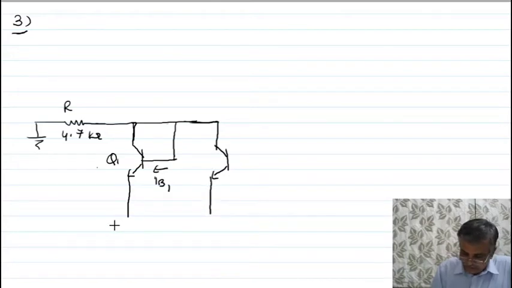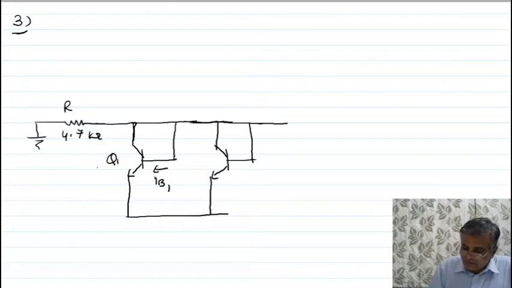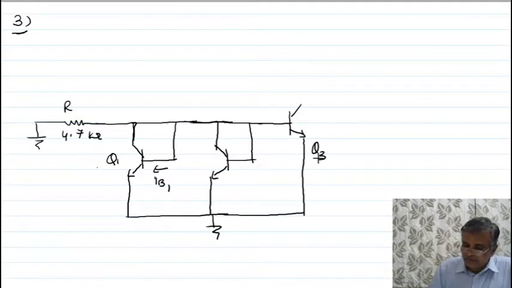This is your ammeter. From here they have connected to this. This is connected to the base of transistor 3, and this is common ground, Q3.